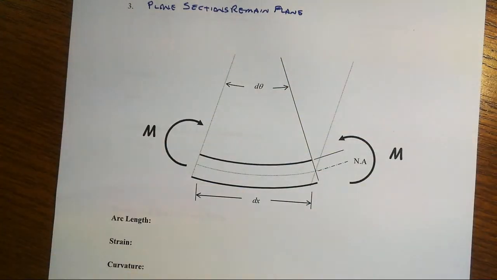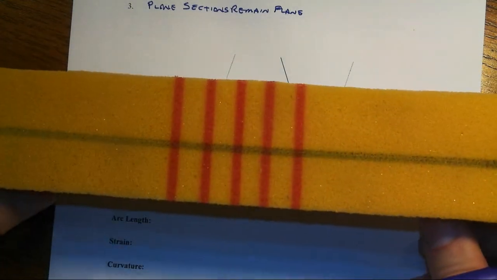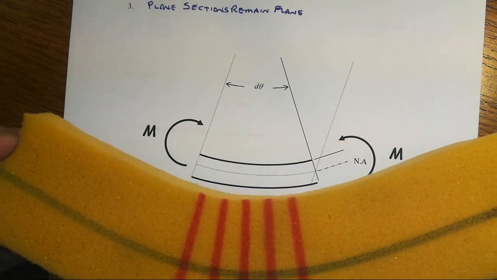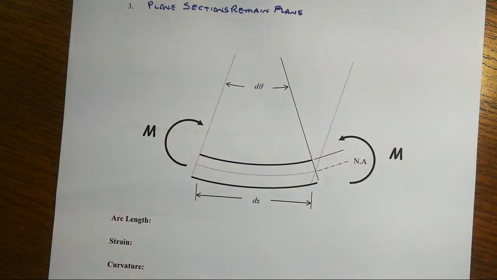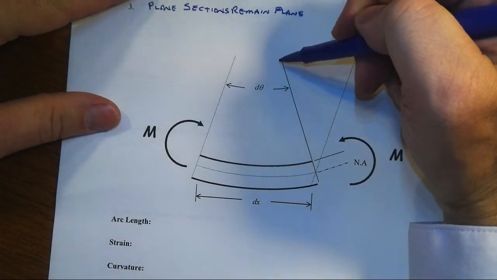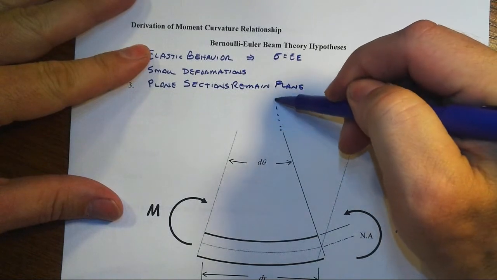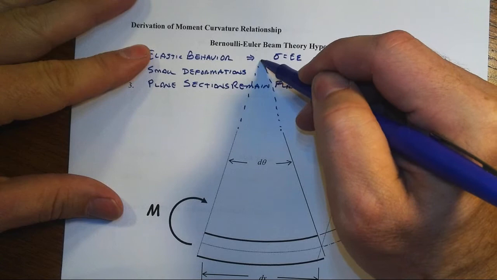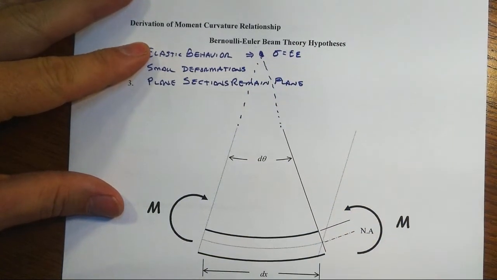We'll discover where that really is later. Before we bend it, it's nice and straight, then we begin to put that moment on, and it begins to get curved. Notice how all those red lines tended to point in the same location. If you come up here and extend these, that's one red line, that's another red line, and they all intersect at one little point.